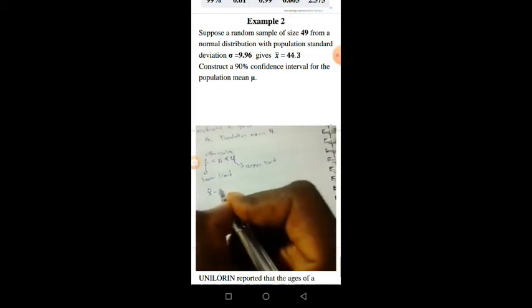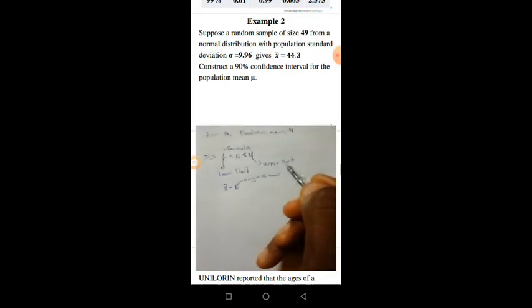Now, how do you work this? There is a formula for it: the sample mean x bar minus E, where E is the margin of error. If you read through the PDF, you see where they write E; it means margin of error.